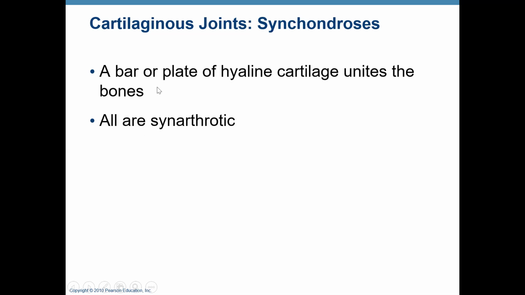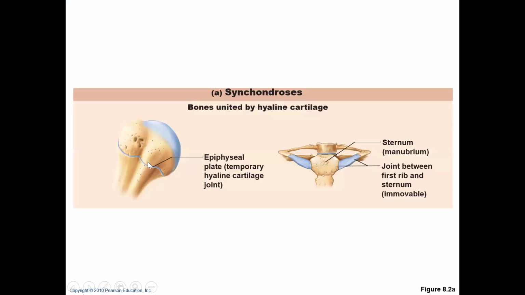So let's have a look here. Cartilaginous joints, there are some that don't allow any movement, which means they're synarthrotic. But for the majority, we're going to go with they allow for slight movement, and the term for slight movement is amphiarthrosis. If you look here where there's no movement and there's cartilage where the bones meet, think of the epiphyseal plate where you're still growing in length.